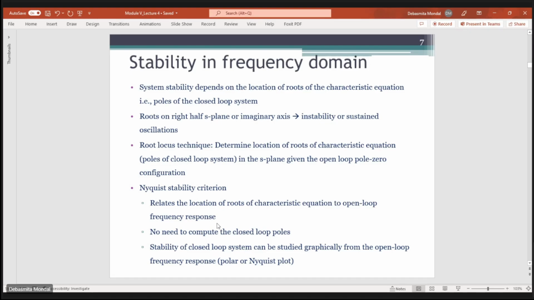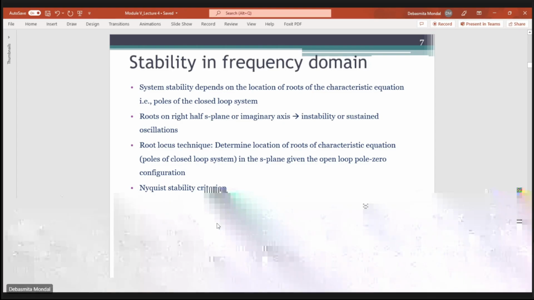Using the root locus method, we can determine the exact positions of the closed loop poles, because in root locus we were drawing the root locus for the open loop transfer function. For the open loop transfer function, we were varying the gain of the overall system and monitoring the corresponding position of the closed loop poles.